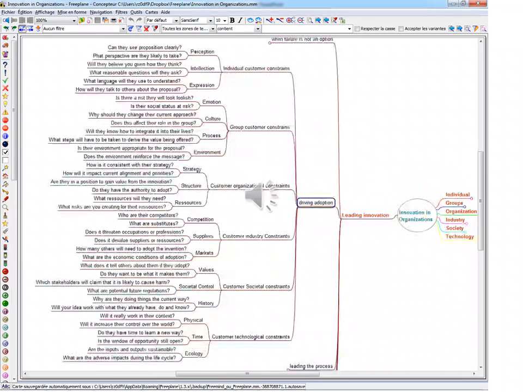This one is important. We go back to individual, group, customer, organization, industry, societal and technological constraint. For each subgroup we ask the real, important questions to be asked when we are dealing with such a constraint.